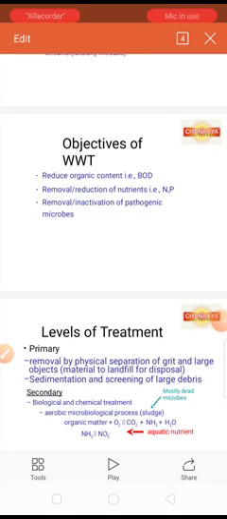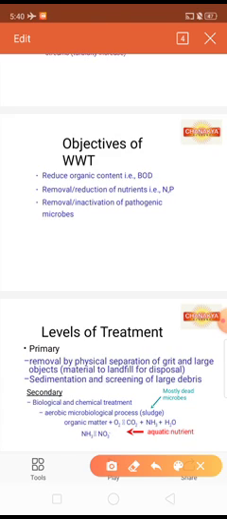So what will be our objectives? First objective will be to reduce organic content. Second, removal or reduction of nutrients. And third, removal or inactivation of pathogenic microbes.